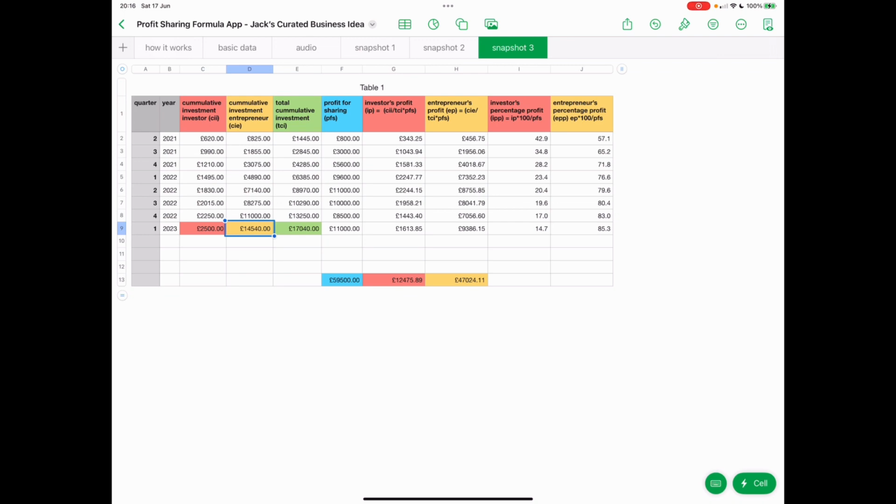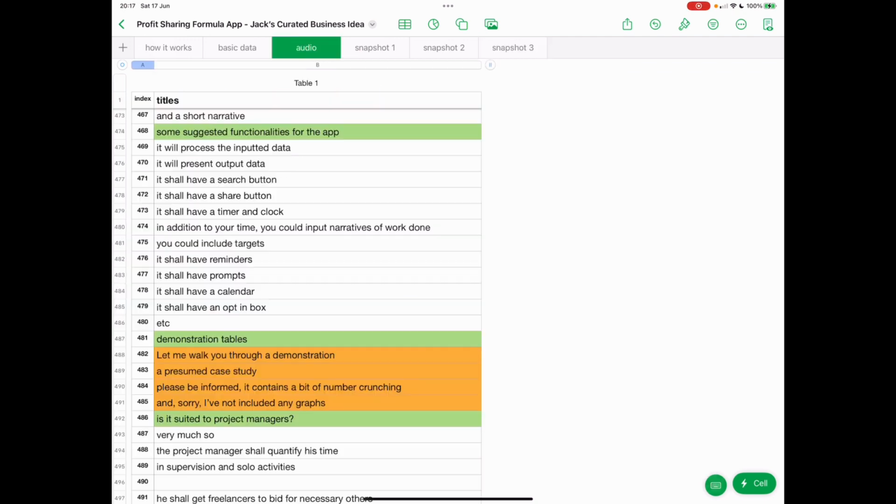So for all intents and purposes, you put in the raw figures and it generates a report for you, maybe how much each person will get per quarter, etc., or whatever figures you want, it will generate that for you. So that's a small snapshot of how the profit sharing formula app works. It's not perfect, it's an idea, but I'm sure you get the drift of what I'm trying to say.